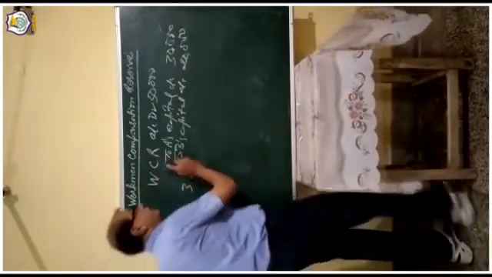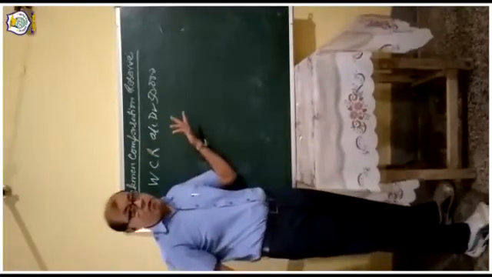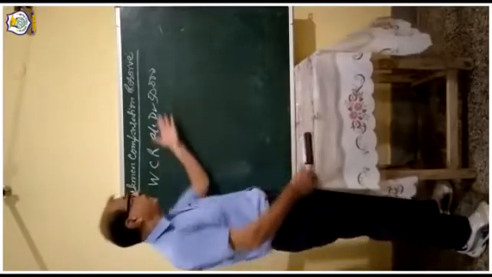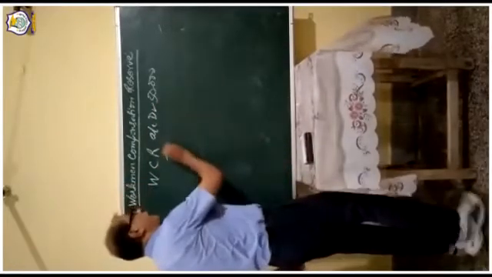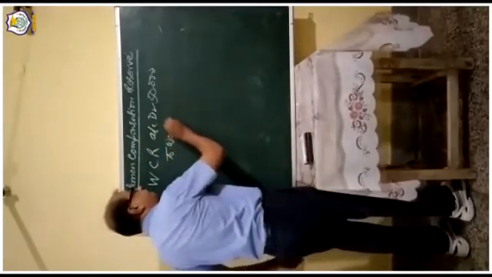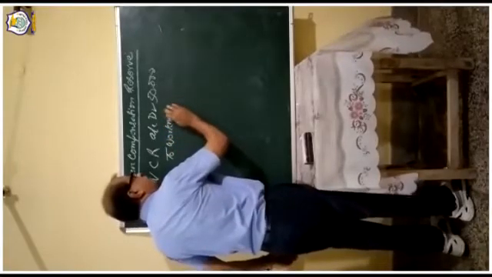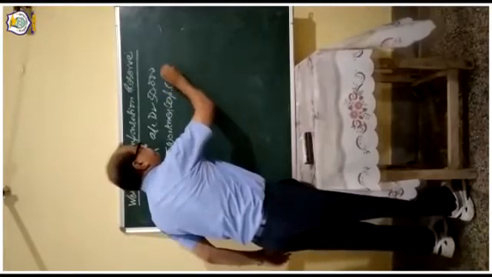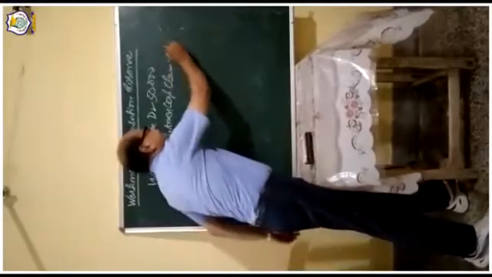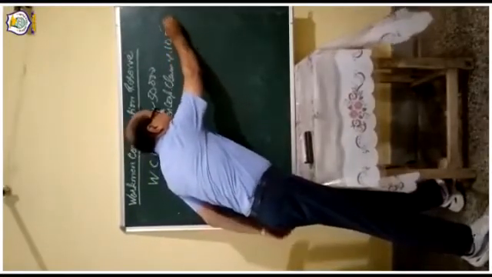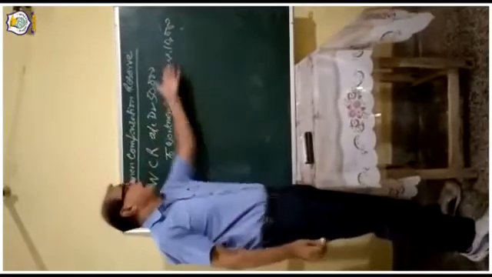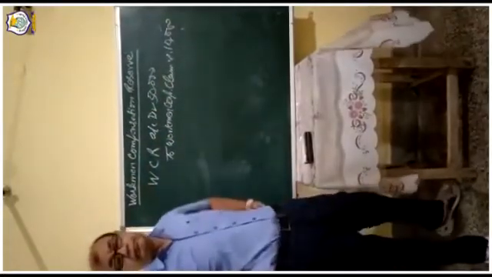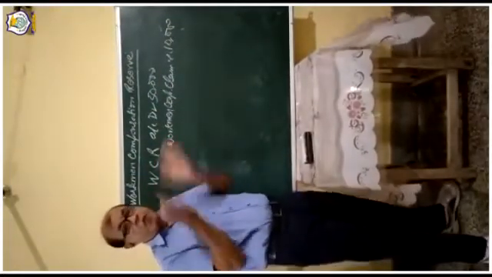So WCR amount as given is 50,000, so we debit 50,000. Workman compensation claim account credit by 10,000 as given. Now the remaining amount is 40,000.